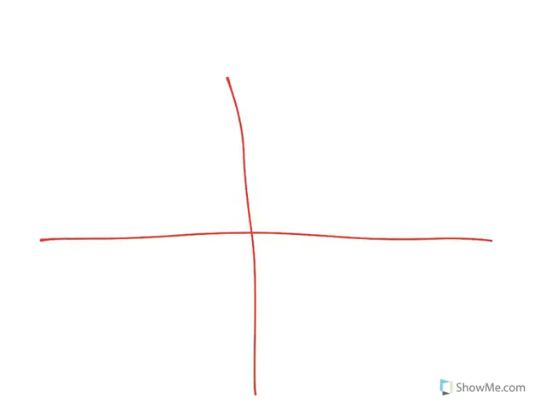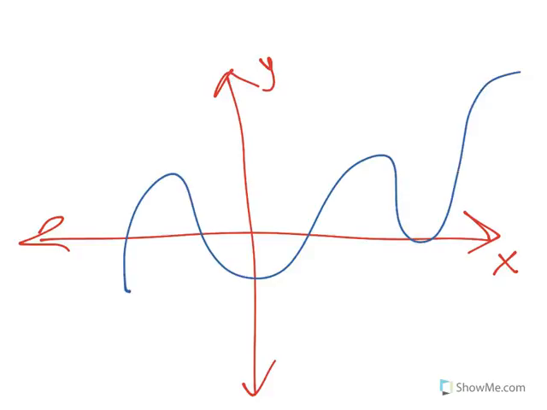So let's say that you have your x and y axis here, and you have your function that maybe looks something like this. A tangent line would be a line that touches the graph at one point and just continues.